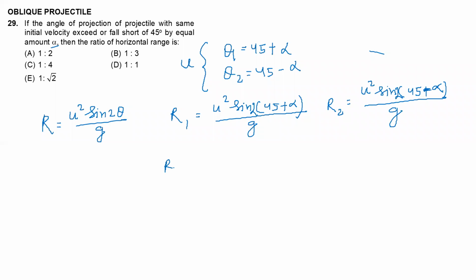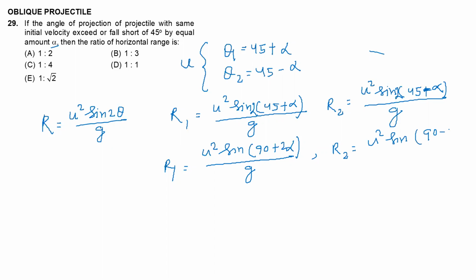So in this case, R1 will be how much? U square sine, 2 into 45 is how much? 90. 90 plus 2 alpha divided by g. Similarly, R2 is equal to how much? U square sine 90 minus 2 alpha.